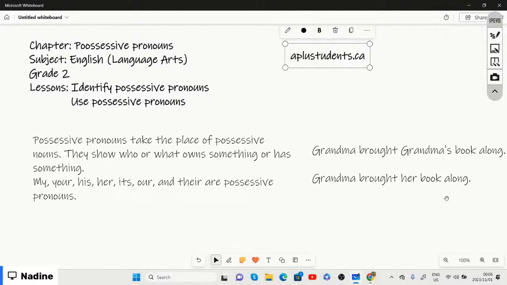And once again, our tutorial lesson is on aplusstudents.ca. So we're going into our lesson now. So a possessive pronoun takes the place of a possessive noun. It's the same as saying a pronoun takes the place of a noun.